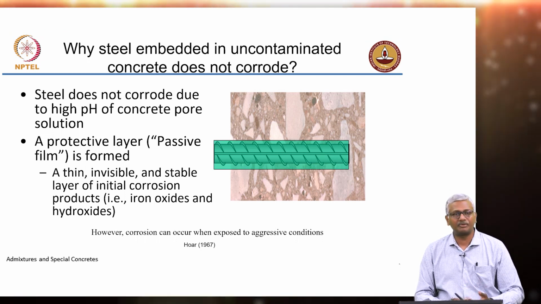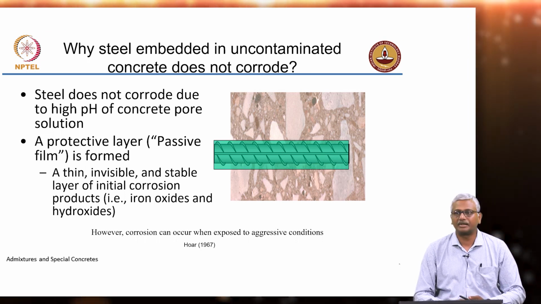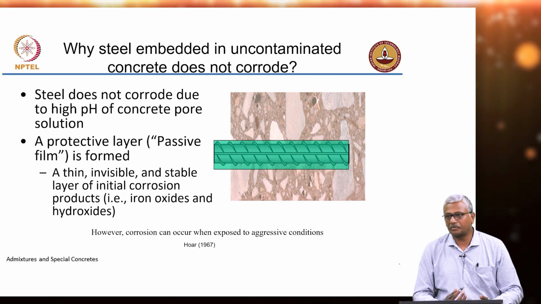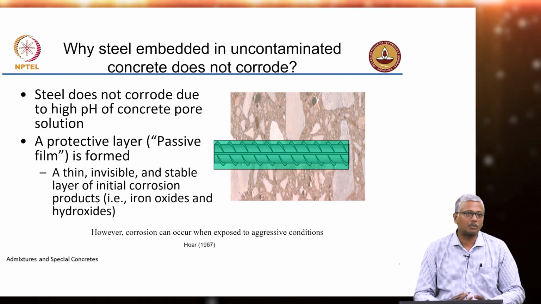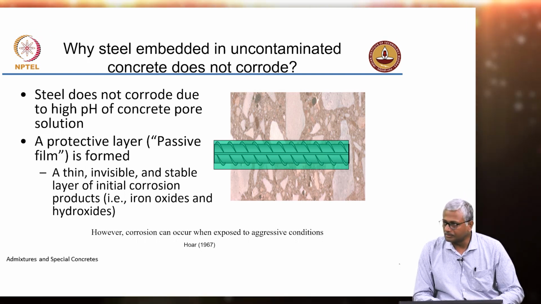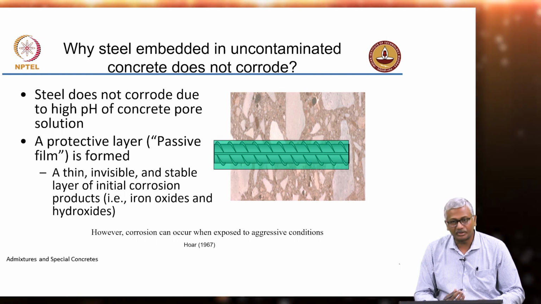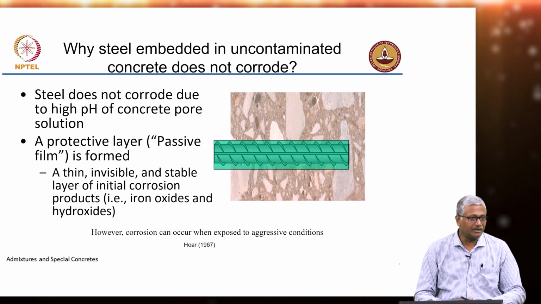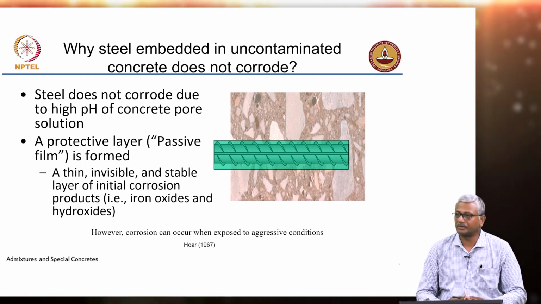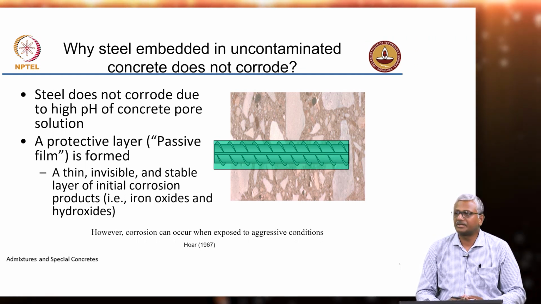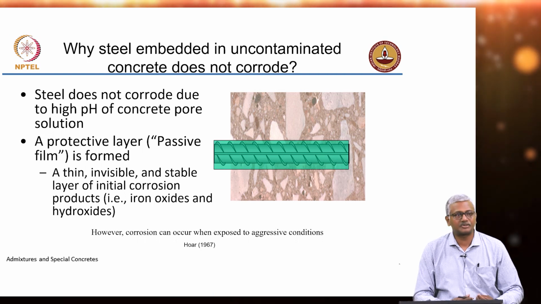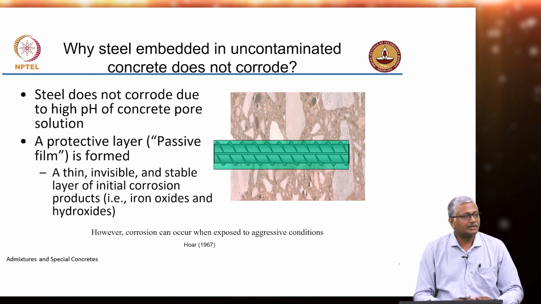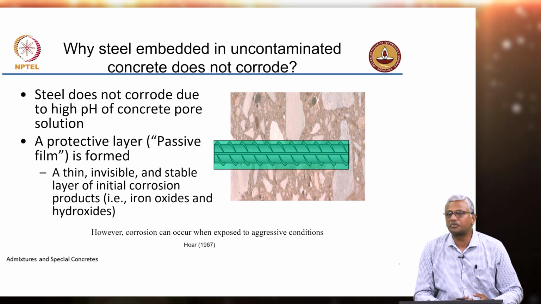But in concrete, we all know very well that the environment is highly alkaline. The pH of concrete is in the range of 12.5, 13, sometimes even more, okay, mostly more than 13. In such instances, steel in reality corrodes almost immediately. But this corrosion layer that forms on the steel as soon as you put that in concrete is actually a passive layer which prevents further corrosion.